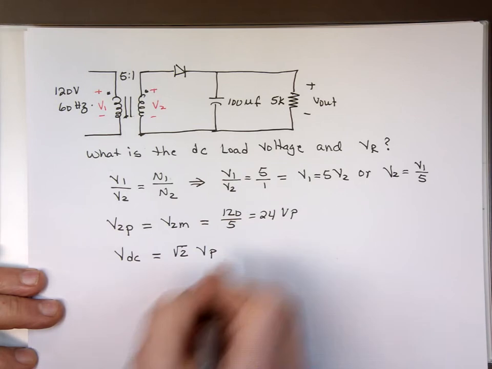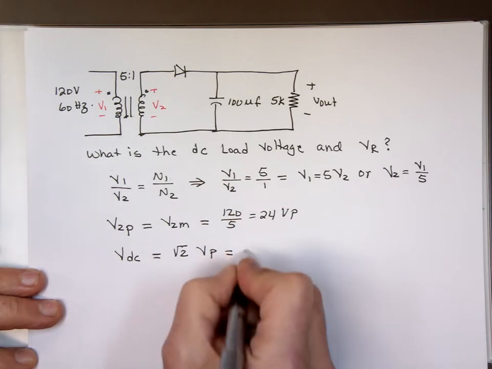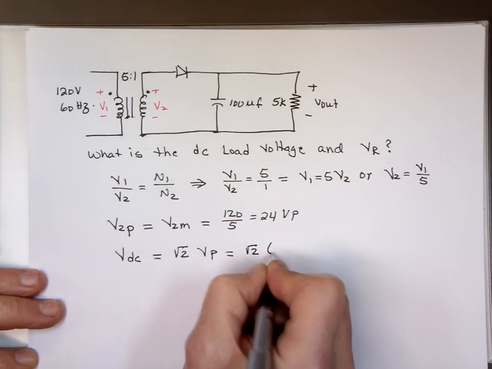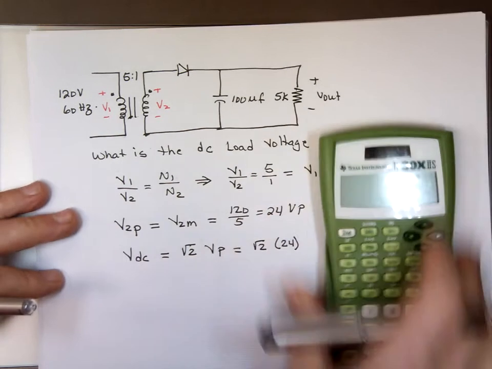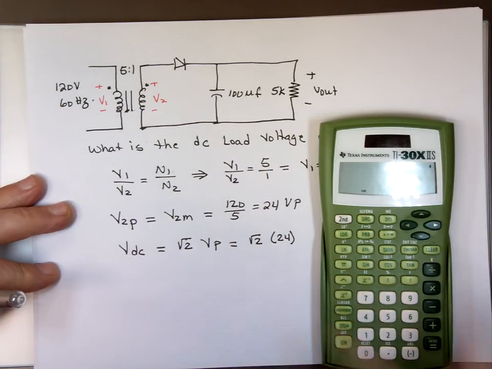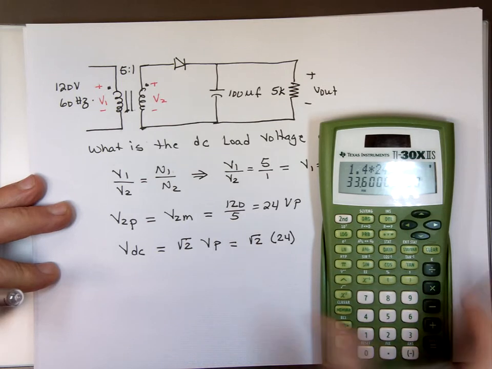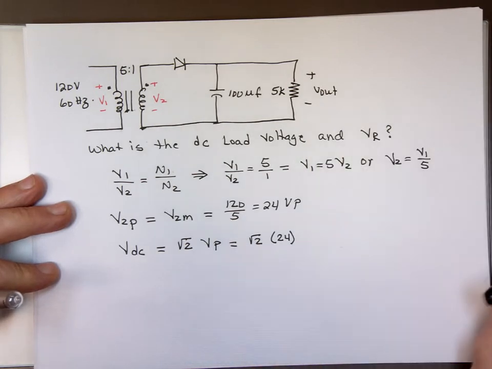So the DC value will be the square root of 2 times 24. Let me get my calculator here. Square root of 2, roughly 1.4, times 24, and I got 33.6. We'll say 37.